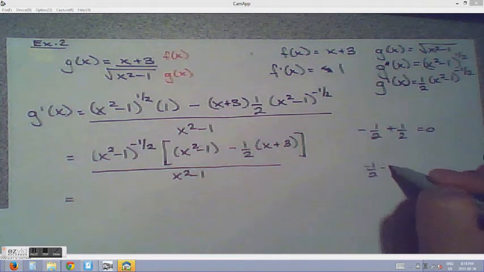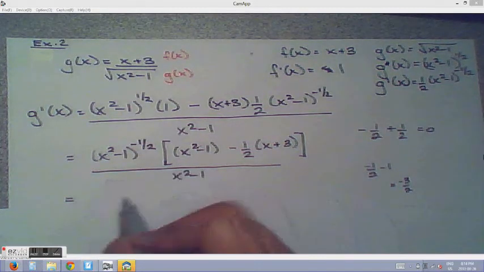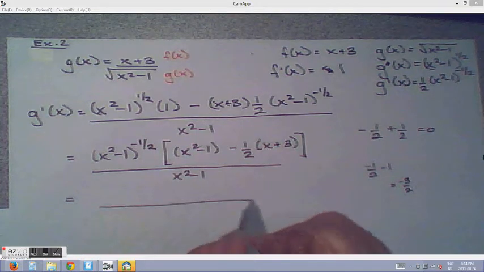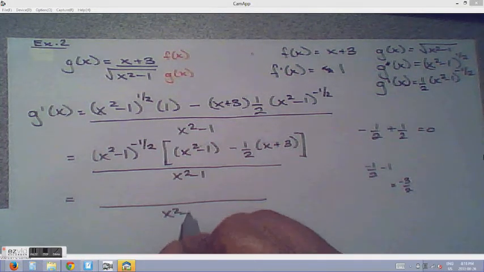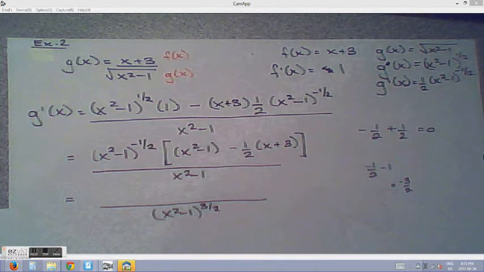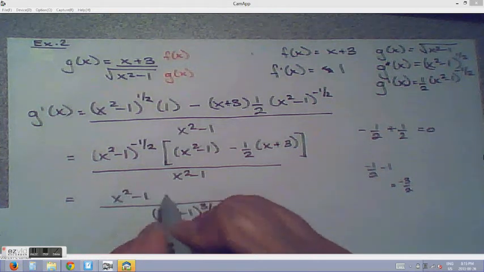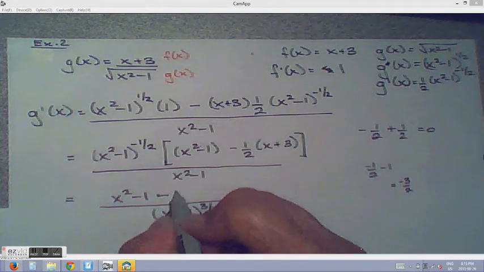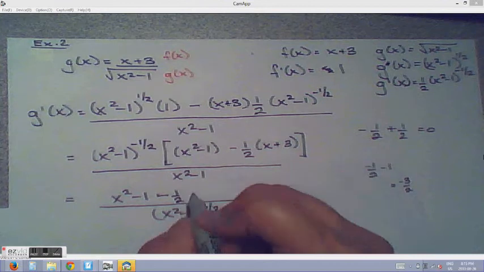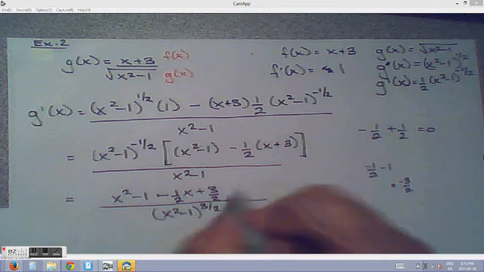So minus an exponent of 1 would give us negative 3 over 2. I'm going to put that in the denominator as x squared minus 1, which changes it to a positive exponent, like so. Then we're left with x squared minus 1 minus a half, x plus 3 over 2.